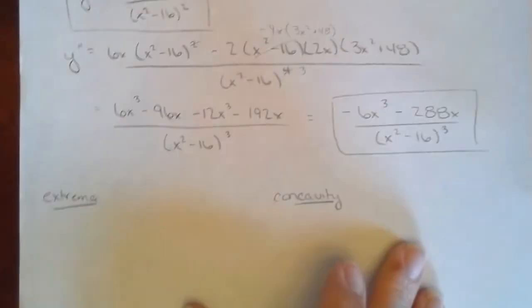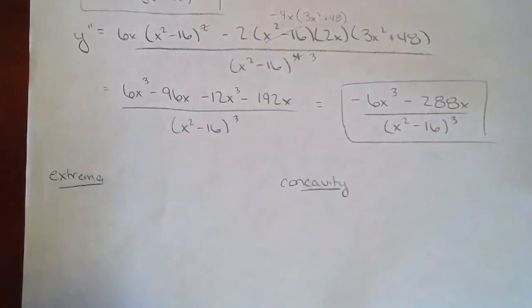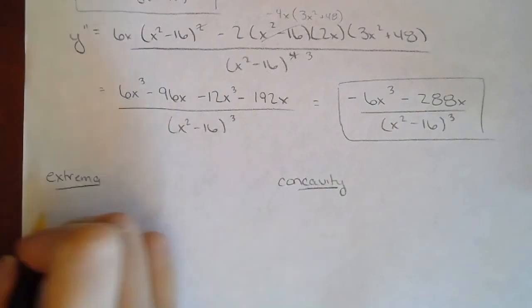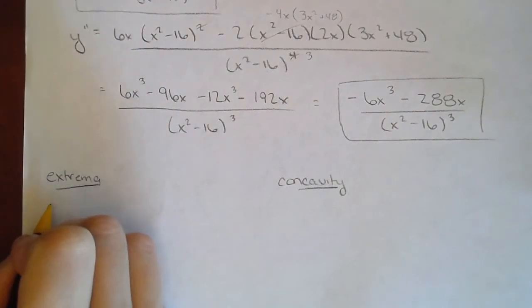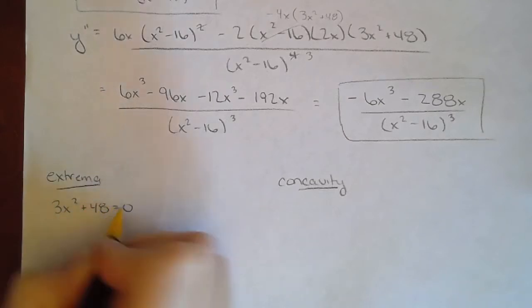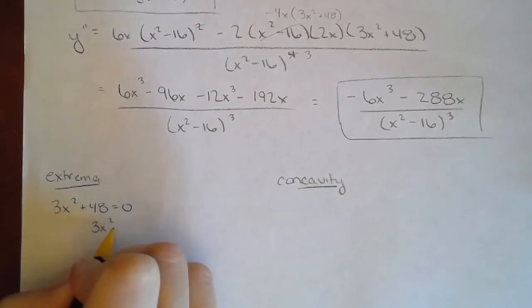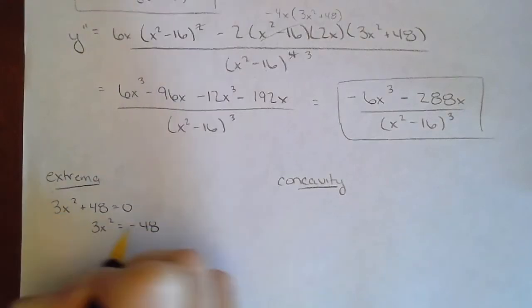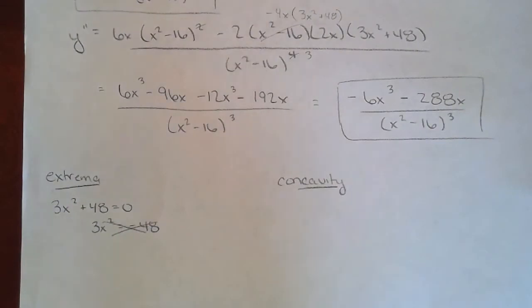All right, so once we have our two derivatives, we want to use them to get your extrema and your concavity. There is something we're going to have to go back and talk about, but let's start. So we'll take the first derivative and set it equal to 0, which you can hopefully see is going to give you a non-real number. But we had to at least consider it.